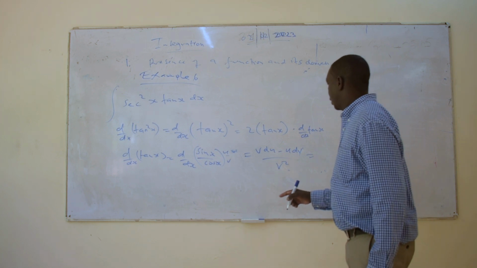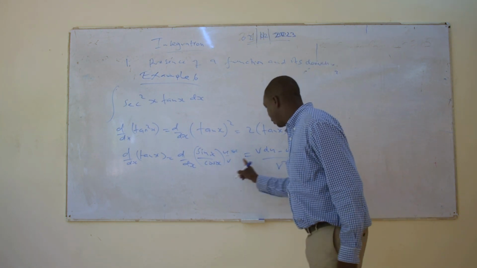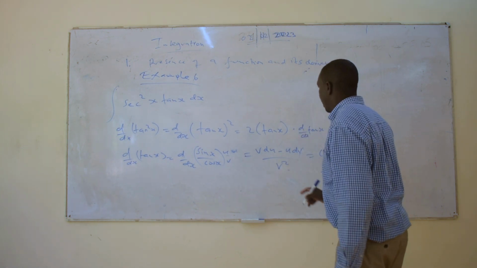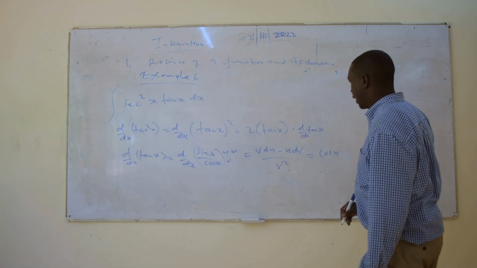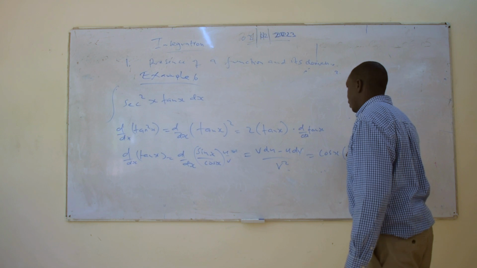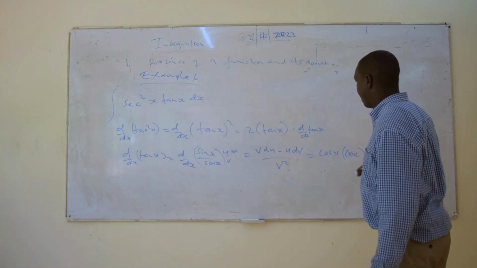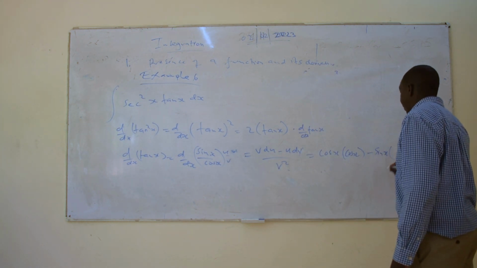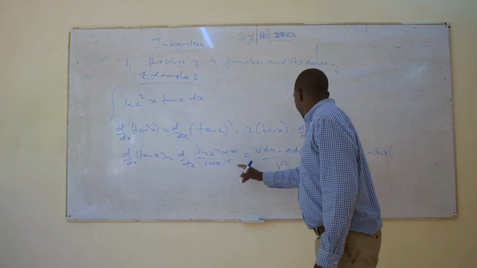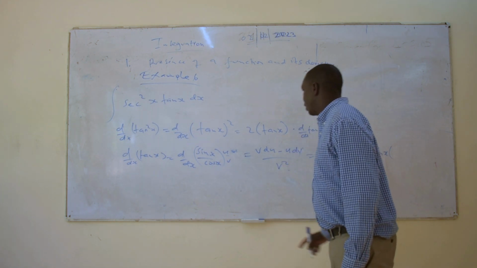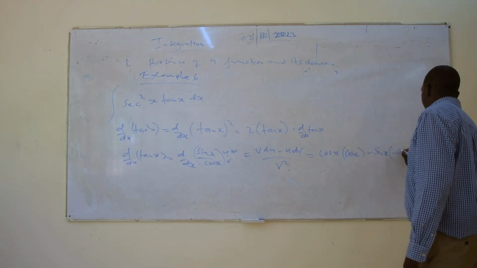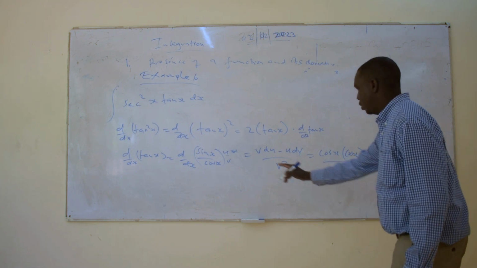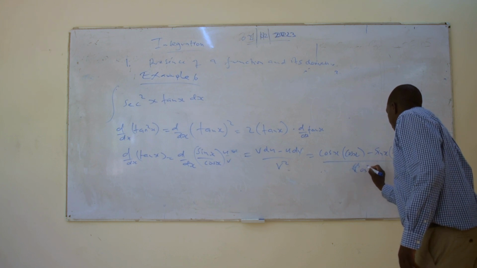So v is cos x, du is the derivative of sin x, which is positive cos x, minus u, that is sin x, times the derivative of v, that's the derivative of cos x, which is minus sin x, over v squared, and v squared is cos squared x.